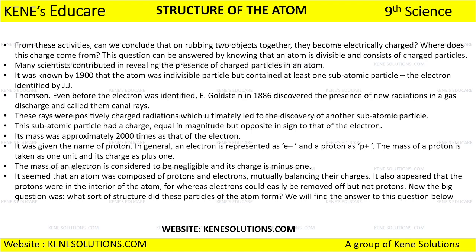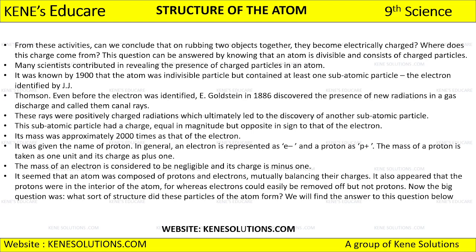Now you can get a question on what canal rays are. You have to know that canal rays are positively charged radiation which led to the discovery of another subatomic particle, which we know today as the proton.